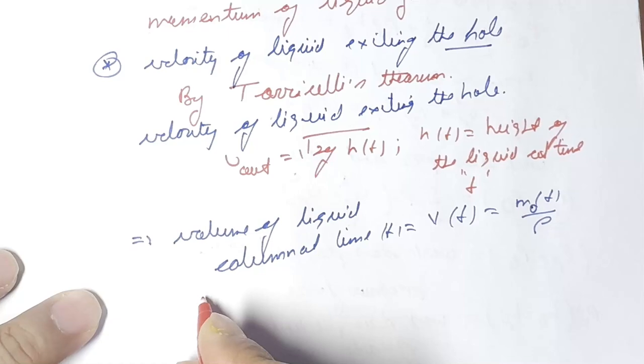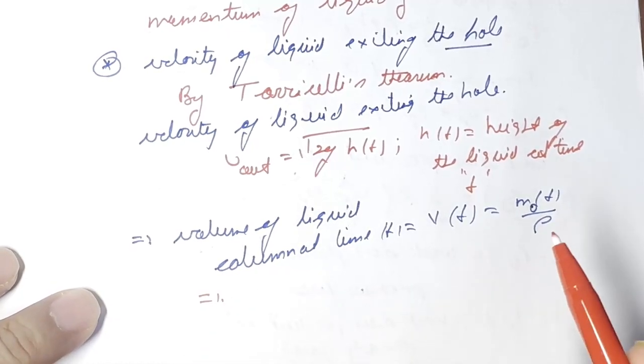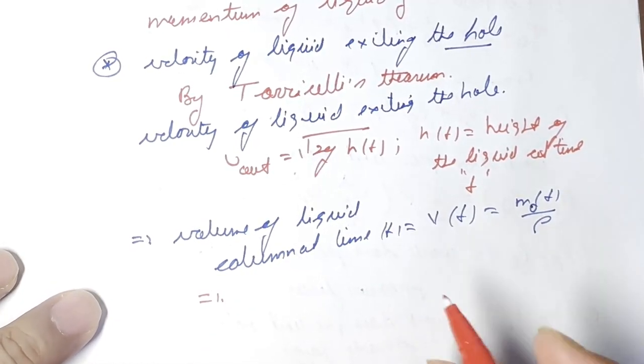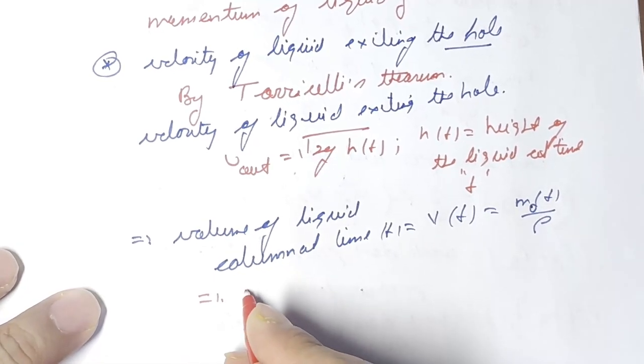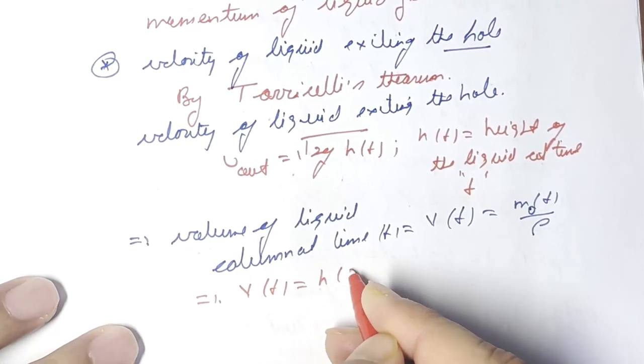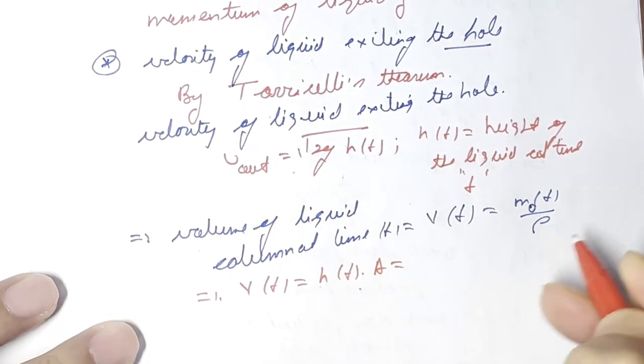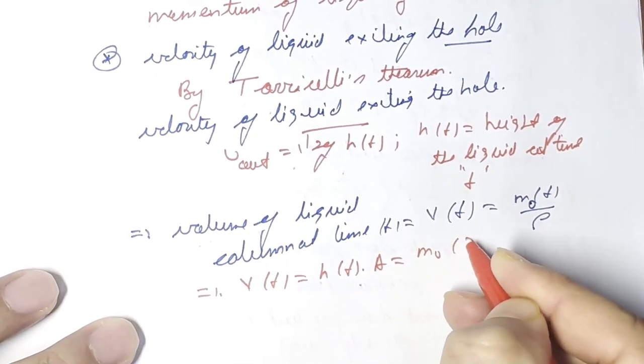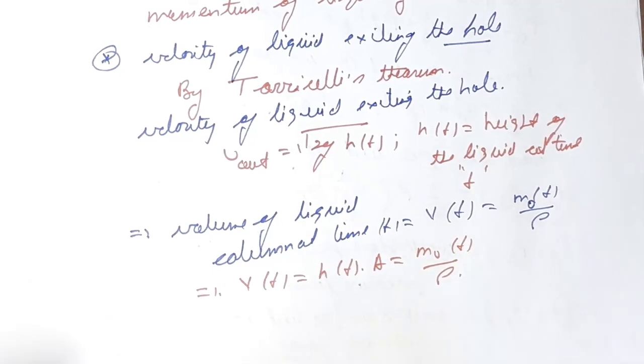Volume will be equal to height multiplied by the area, so V of t equals h of t multiplied by A, which is equal to m naught t divided by rho.